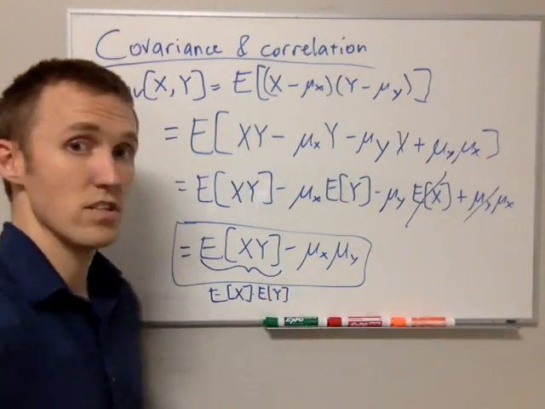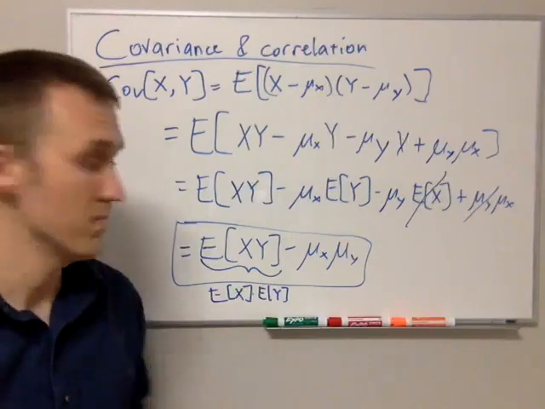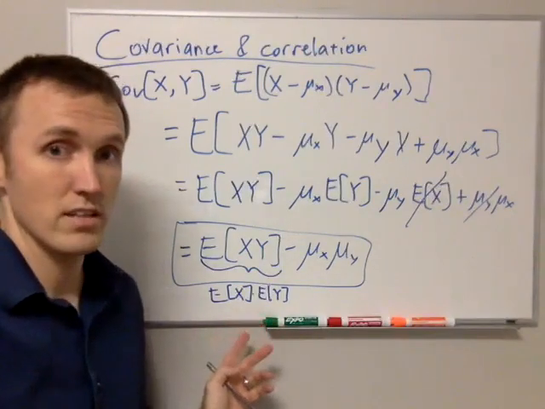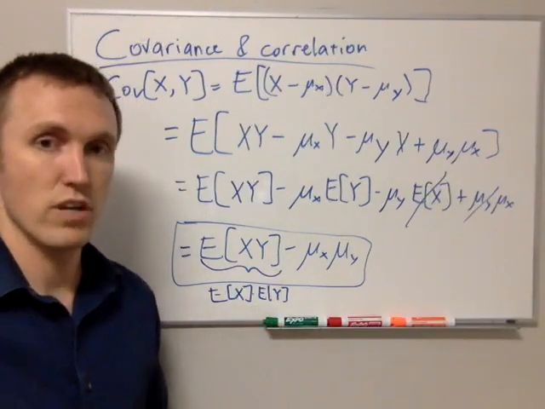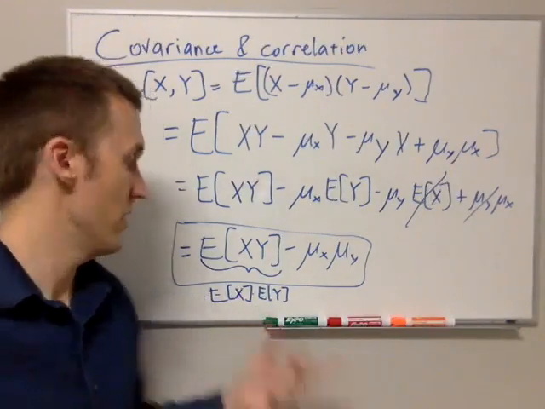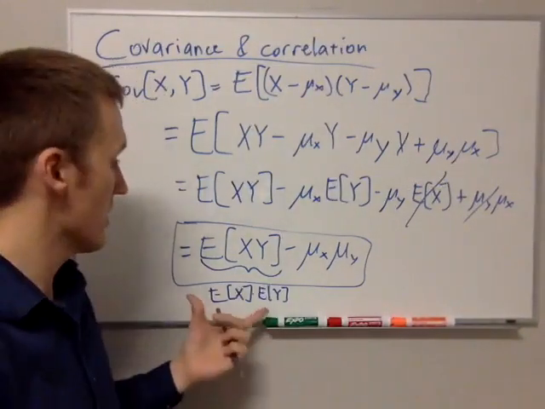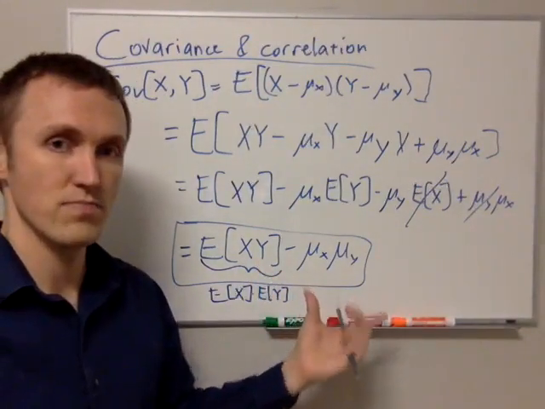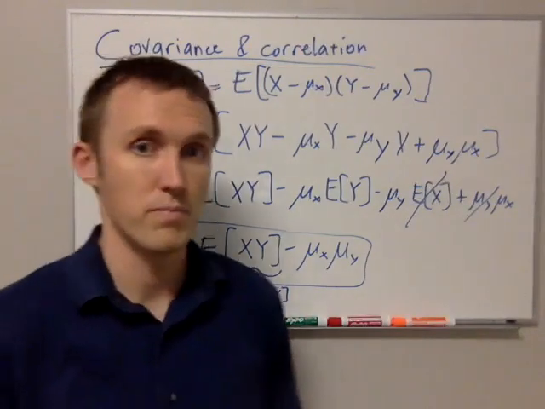So this is the definition of statistical independence of two random variables, and of course that is the mean of x times the mean of y. So if we have two variables that are independent, then their covariance is going to equal 0 by definition. So for independent variables, their covariance is 0.